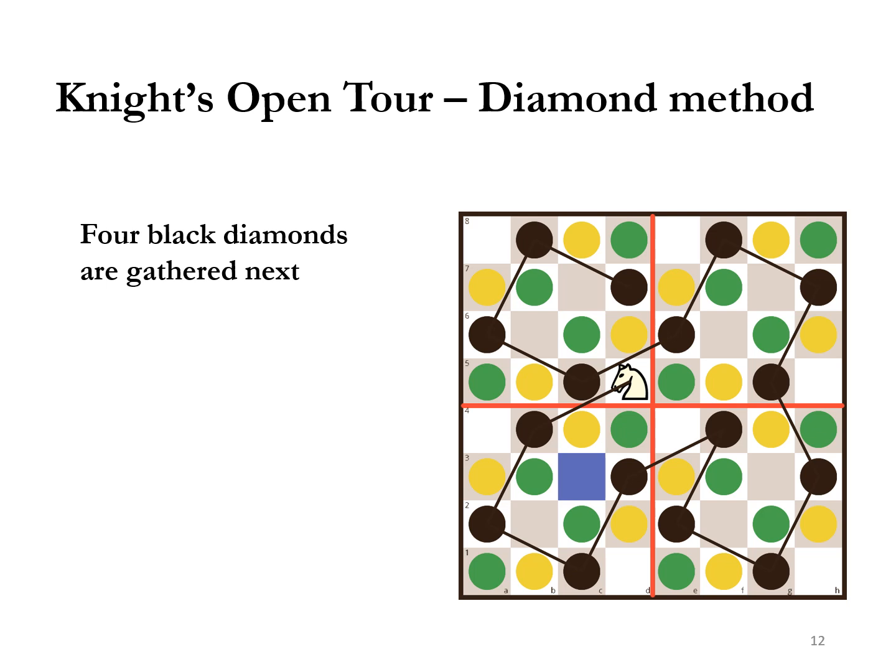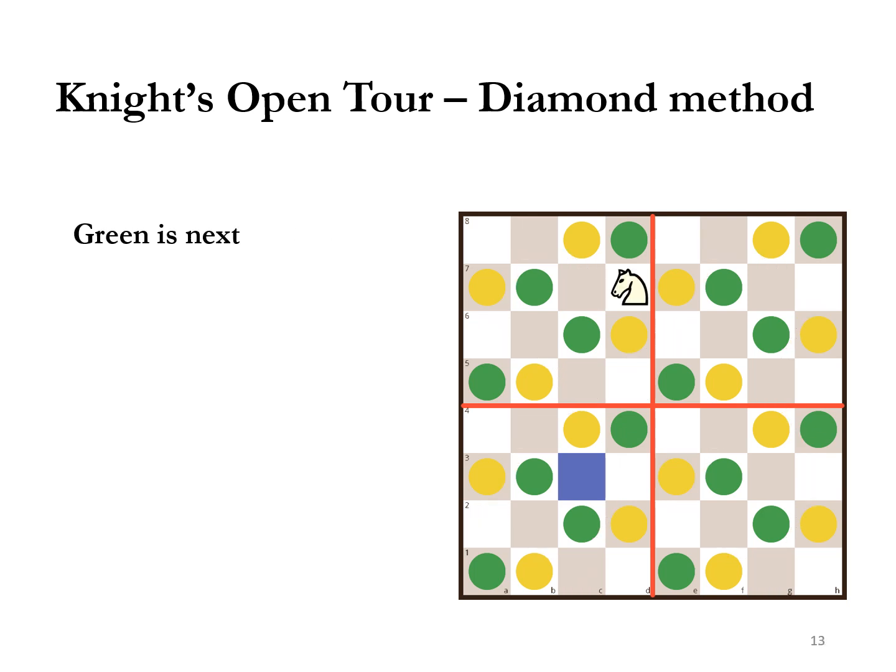Once a quadrant is cleared of its black diamond, it is again important to find a way to jump to the next black diamond. The last black counter was on d7. The only counter available from here is the green one on e5.